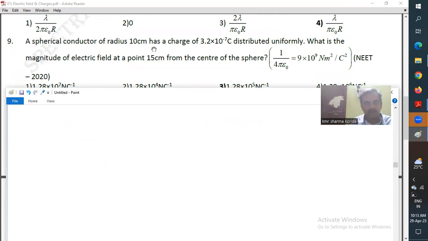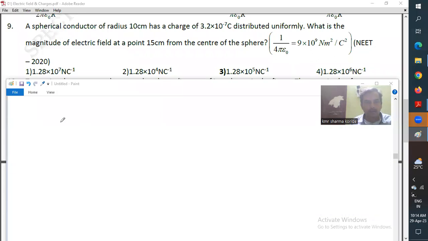A spherical conductor of radius 10 centimeters has a charge of 3.2 into 10 to the power of minus 7 coulomb distributed uniformly. What is the magnitude of electric field at a point 15 centimeters from the center of the sphere? This is question number 9.